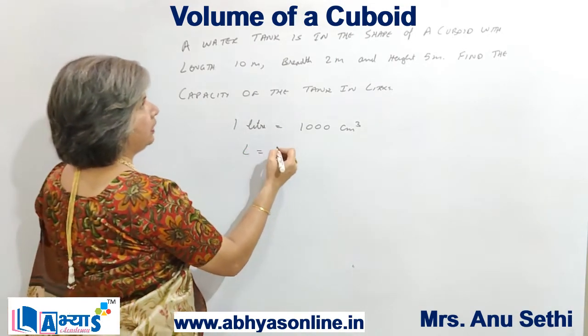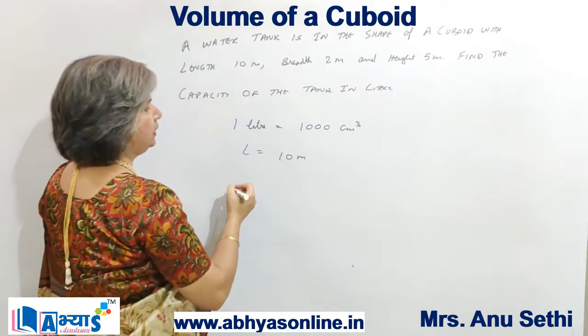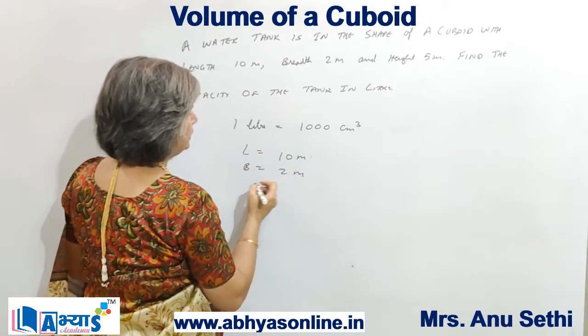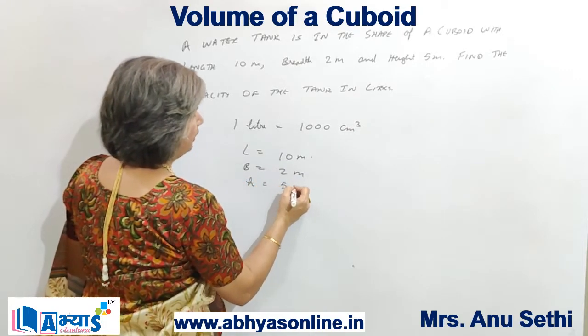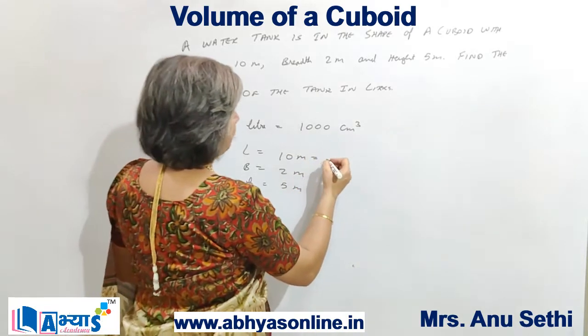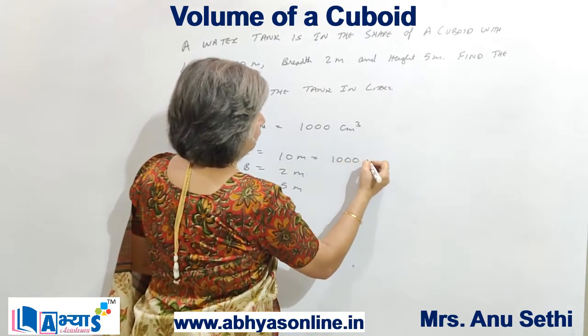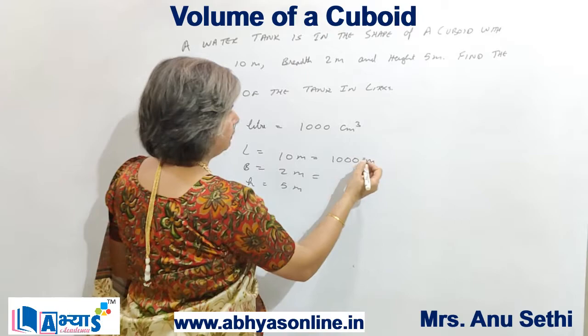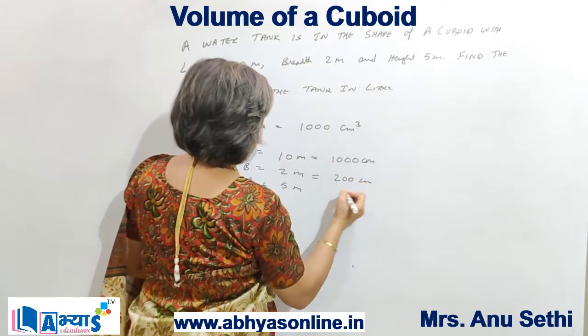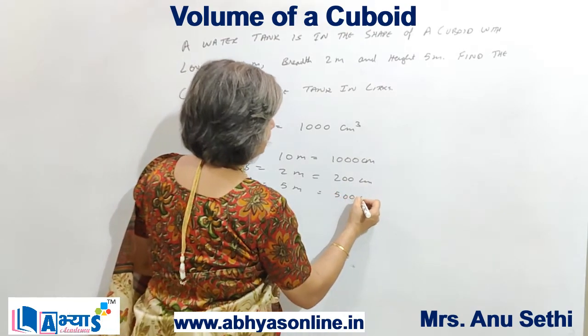So length we have been given as 10 meters, breadth is 2 meters and height is 5 meters. If I convert it into centimeters, it will be 1000 centimeters, 2 meter will be 200 centimeters and 5 meter will be 500 centimeters.